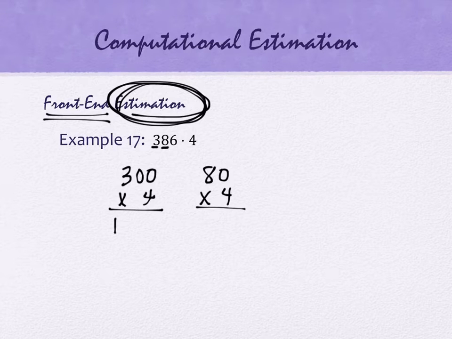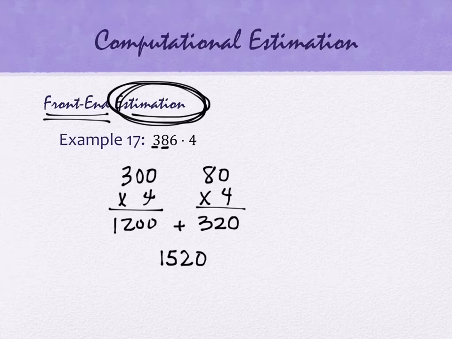So 300 times 4 is 1200. 800 times 4, I'm sorry, 80 times 4 is 320. You're just off by a factor of 0 there, or the 0 at the end there. And then if you add these together, what do you get? Yeah, 1520.